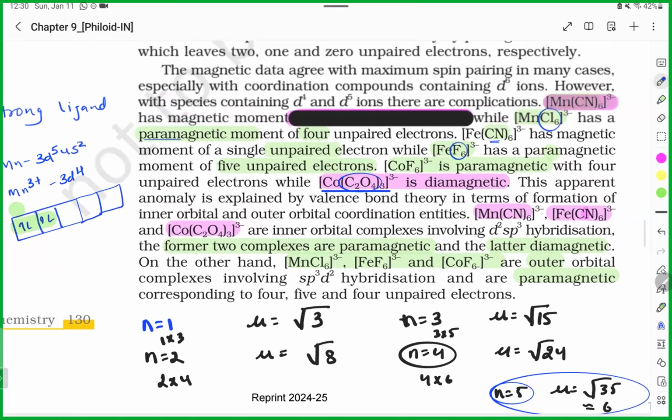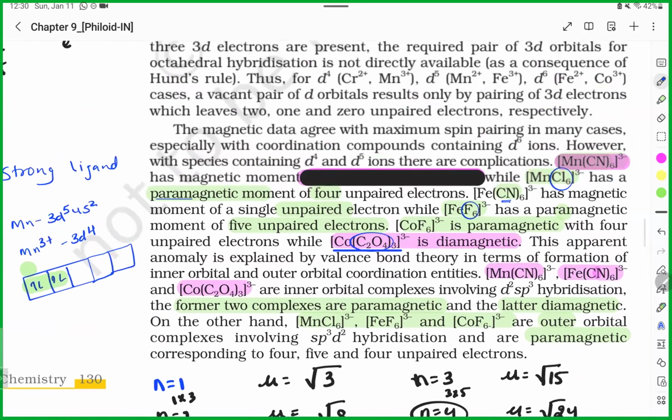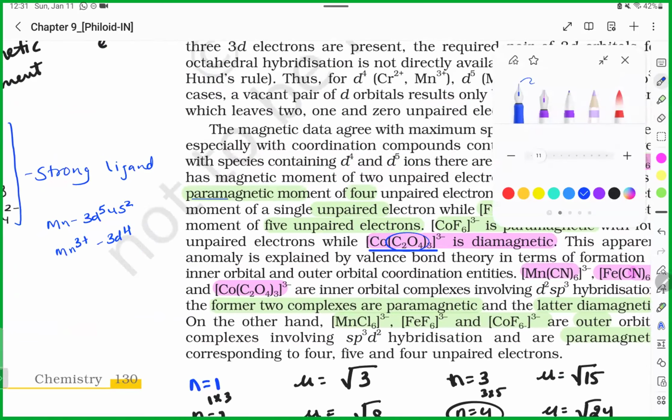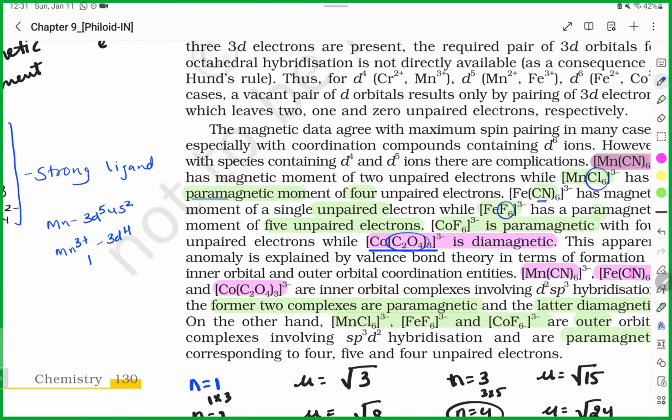One thing, wait. I think I told one thing wrong here. If you see this electronic configuration of Mn 3 positive, 3d4, so you know 1, 2, 3, 4, 5.